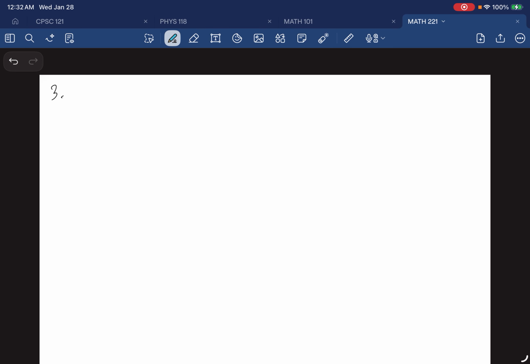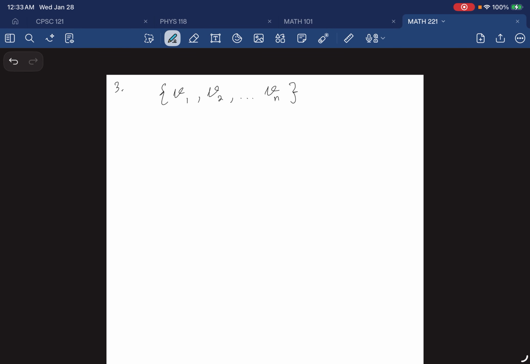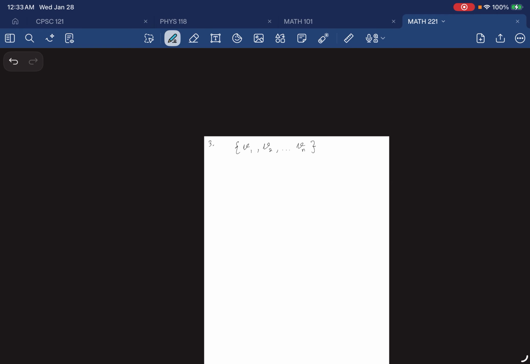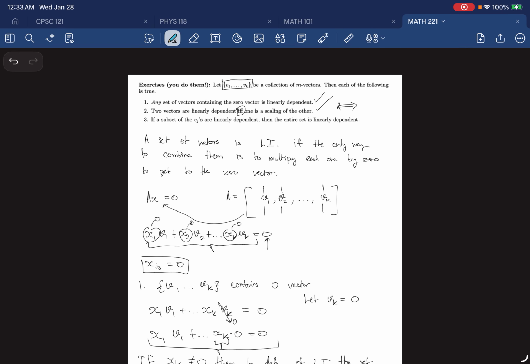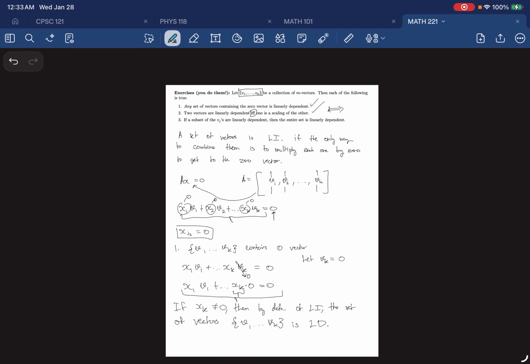So let's say we have a set of vectors v1, v2, up to vn, let's call it n. And then we have a subset. What does the question ask? If a subset of the VJs are linearly dependent, then the entire set is linearly dependent.